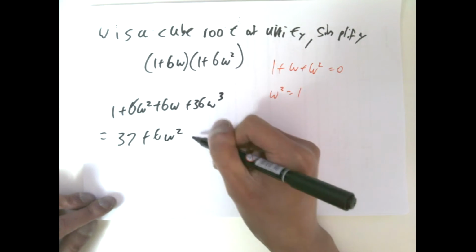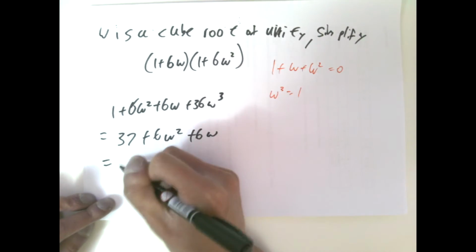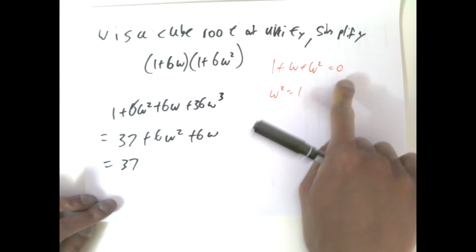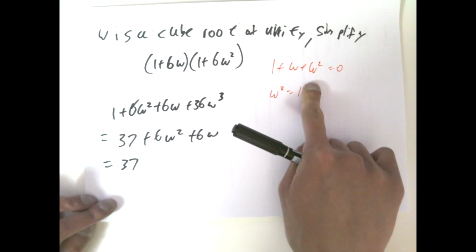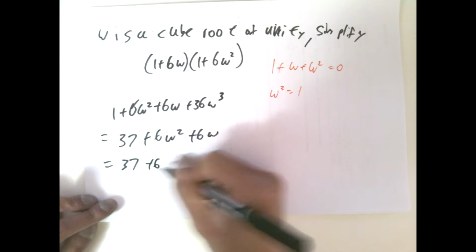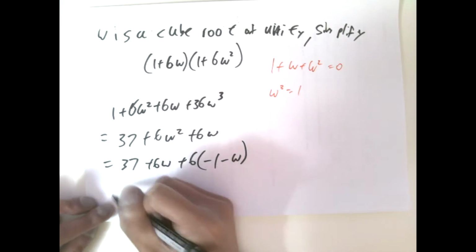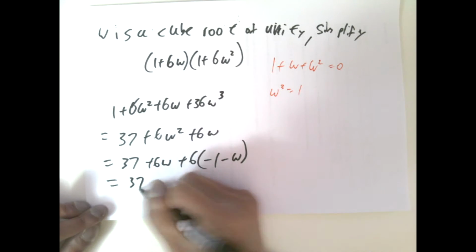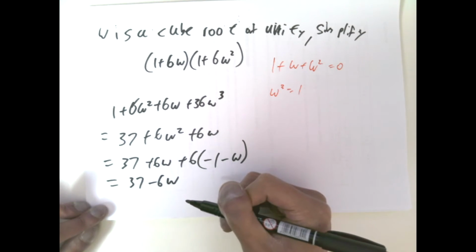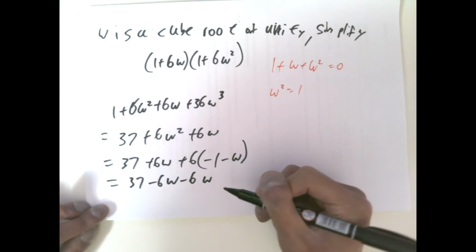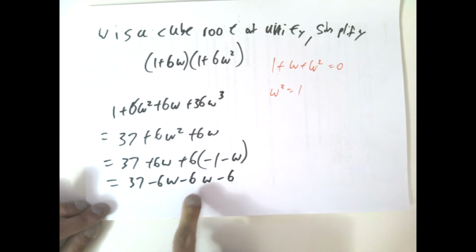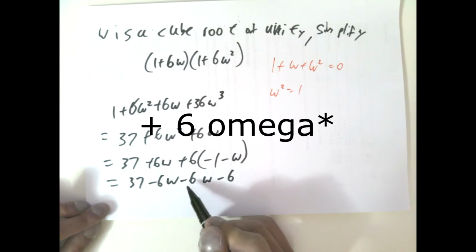So 1 plus 36. But we know that omega squared is going to be minus 1 minus omega. The six omegas cancel off.